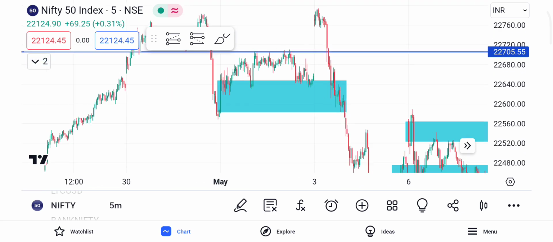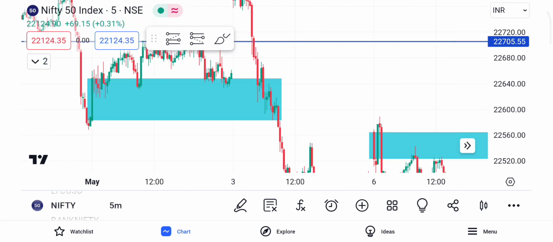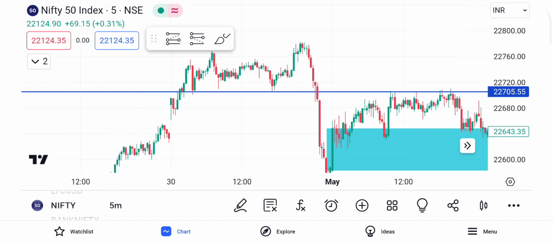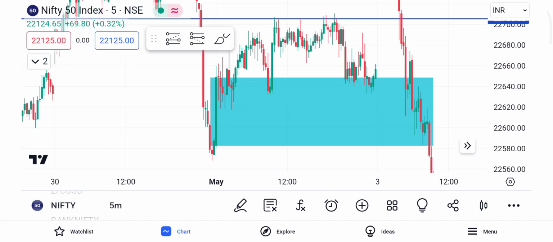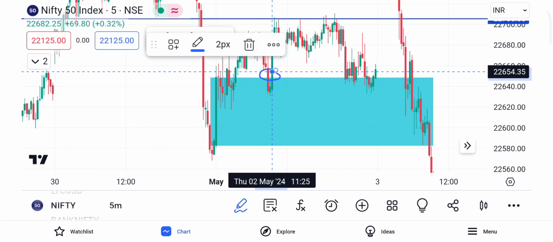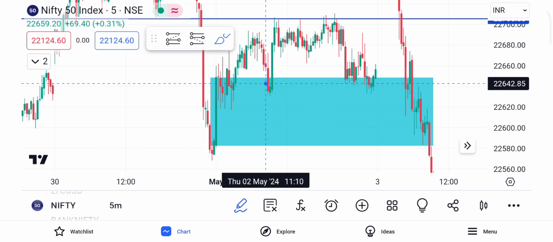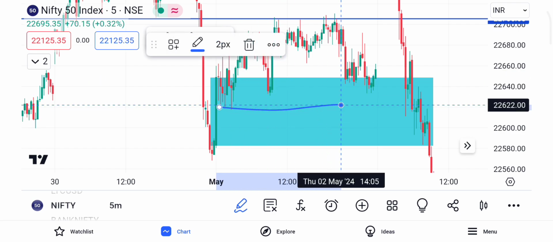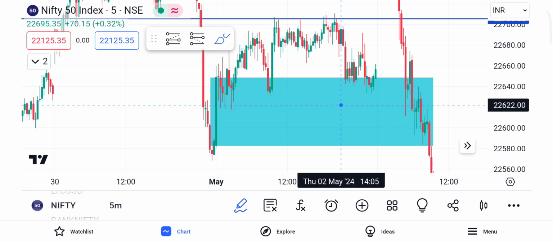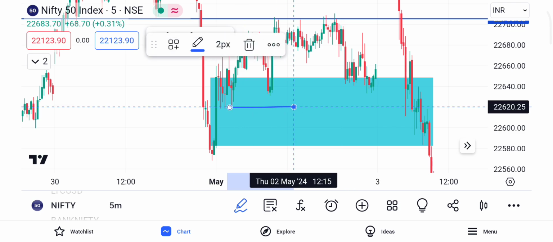And stop loss, I mean not in the sense of options price stop loss. Let's say you have taken a CE here, and then you see the market candle going down further, then you should know that if the candle crosses this level, if it goes below this level, then I'm going to exit.